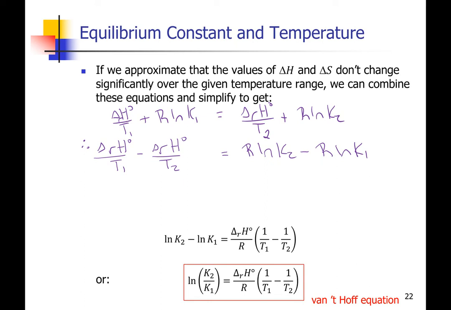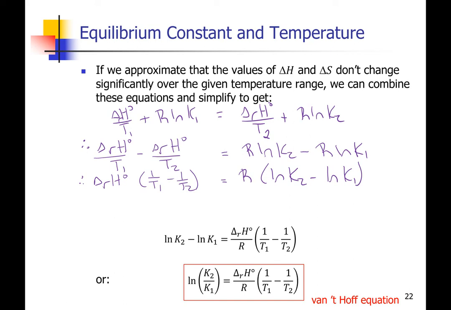And you can see that there's some grouping I can do here. So that's going to give me the standard enthalpy change for the reaction times 1 over T1 minus 1 over T2 is equal to the ideal gas constant times the natural logarithm of K2 minus the natural logarithm of K1.